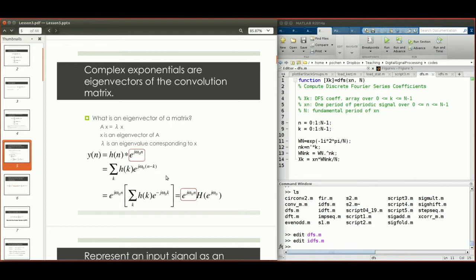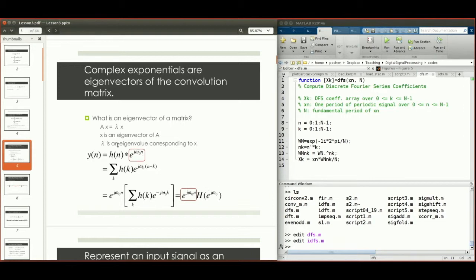The output signal also contains the input signal, multiplied with a number, a scalar. And this scalar happens to be the Fourier transform of the impulse response at the frequency of the complex exponential that you used as the input.